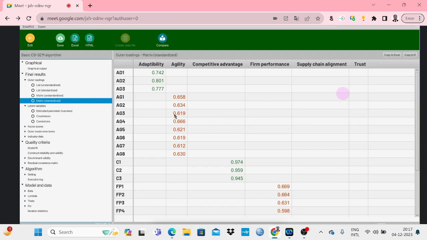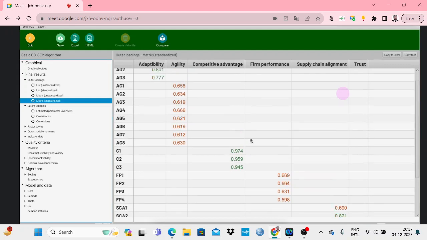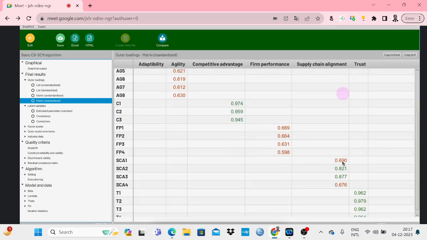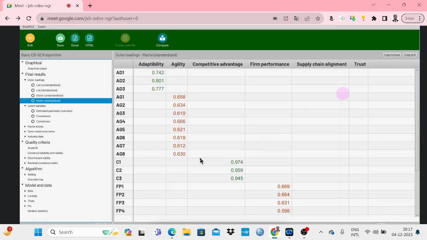But if the loadings fluctuate a lot, then one question is much less important and another is more important. For example, here you can see two loadings are 0.6 and two are 0.8. That means these two questions were considered more important by the respondents, and these were not. So this is how you get a very good idea of the contribution of each of these items in explaining the underlying construct.